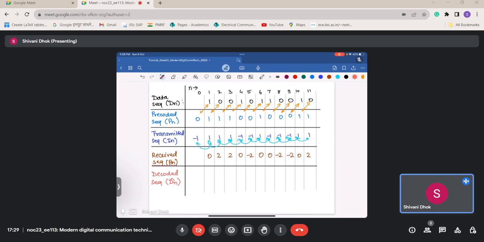So if bn is equal to 0, then we'll set it as 1, and if it is 2 or minus 2, then we'll set it as 0.